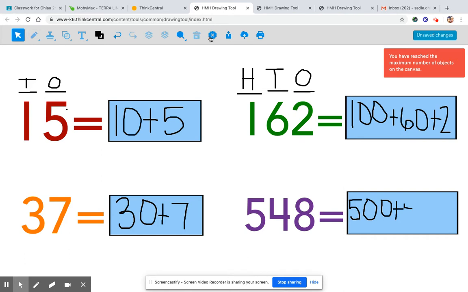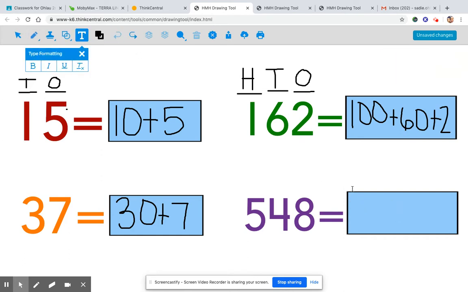Plus, look at our ones column, we've got 8 in the ones column. So to write 548 in expanded notation, it looks like 500 plus 40 plus 8.